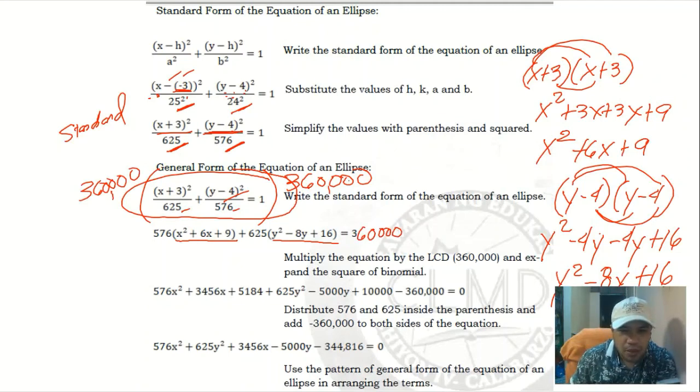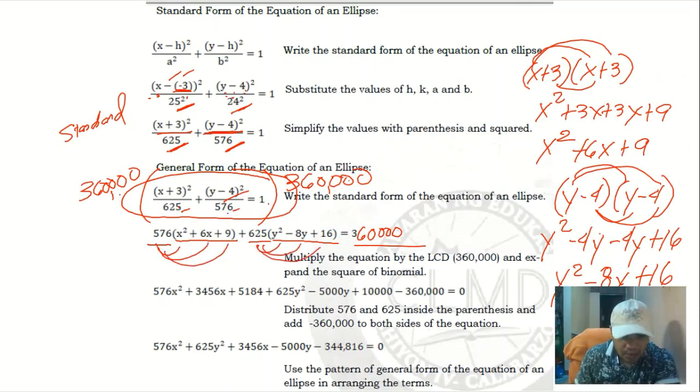So, yan. 360,000 times 1 is 360,000. 360,000 times x plus 3, quantity squared, over 625. Matitira is 576. Then 360,000 times y minus 4, quantity squared, all over 576. Matitira is 625. Then distribute.